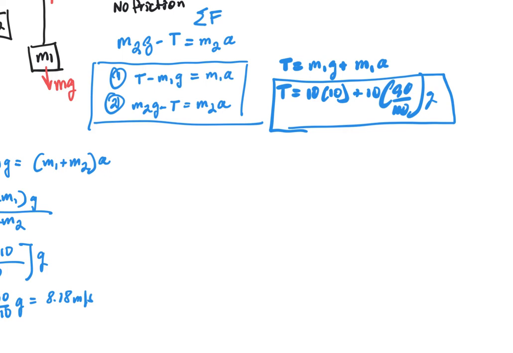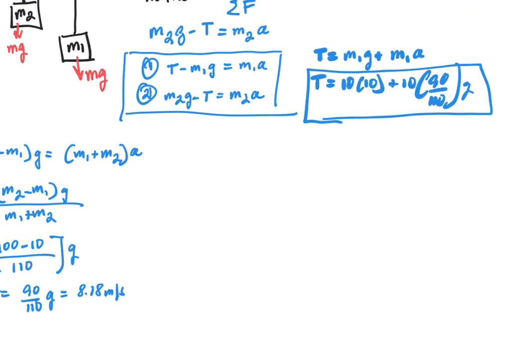All right, so let's solve now for tension. For block 1, tension T equals m1g plus m1a. So we have tension equals our mass, which is 10, times our acceleration, 8, plus 10 for the gravity.